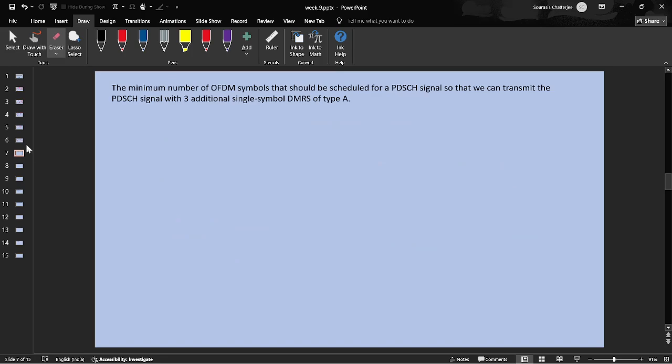About the first question: what is the minimum number of OFDM symbols that should be scheduled for PDSCH so that we can transmit with three additional single symbol type A DMRS?